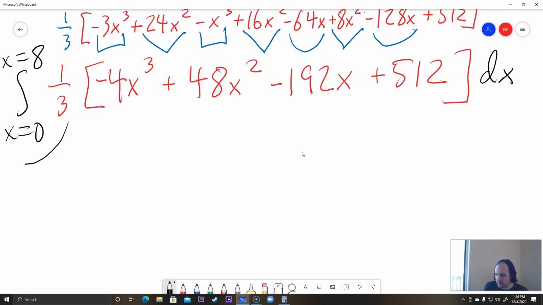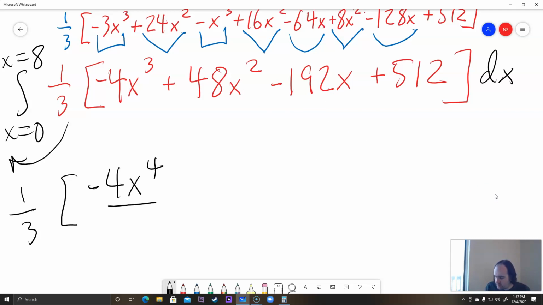So I can bring the 1/3 out front, and then we can just go ahead and use the power rule for all these terms. Y is constant, but that's okay because we don't have any y's. So plugging in and using the power rule, we've got negative 4x to the 4th divided by 4 plus 48x cubed divided by 3.